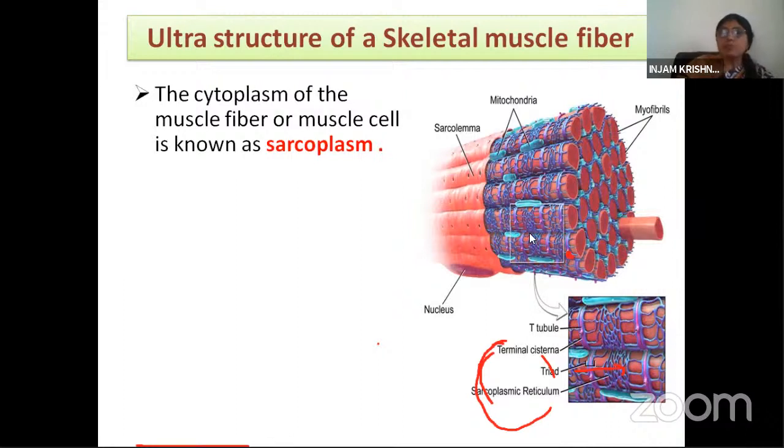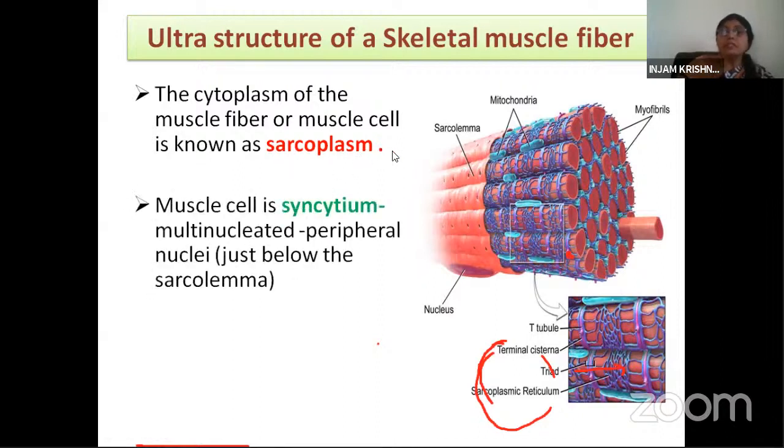Within the cell, generally cytoplasm is present. Here also cytoplasm is present within the cell. That cytoplasm is called sarcoplasm. Within the cytoplasm or sarcoplasm, a number of rod-like structures are arranged. They are called myofibrils. See, these are the myofibrils. This sarcoplasm is covered by the plasma membrane, that is sarcolemma. Above the sarcolemma, there is another layer, that is endomysium.